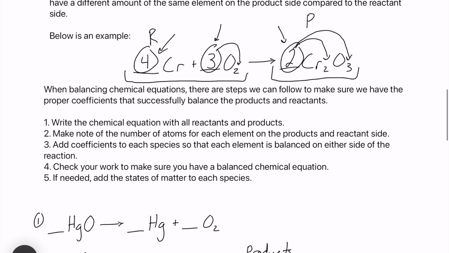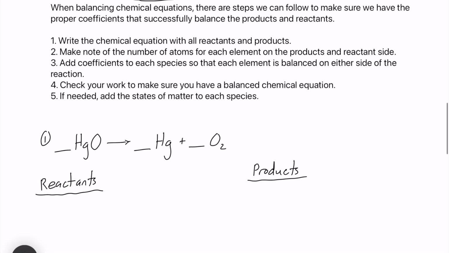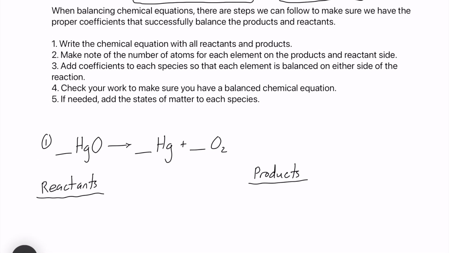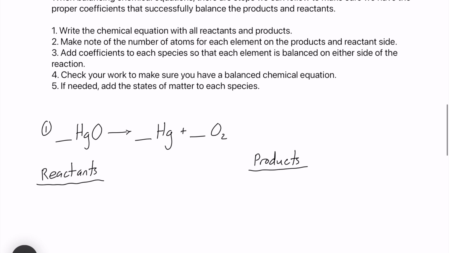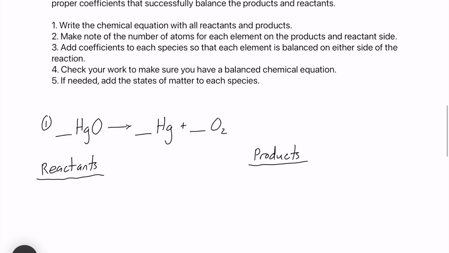So let's go ahead and take a look at example number 1. We have HgO decomposing into pure mercury and oxygen gas. So step 2, it says to make note of the number of atoms on each side of the reaction. So we have Hg and we have O, so we have mercury and oxygen on the reactant side, which means we will have the same things on the product side.